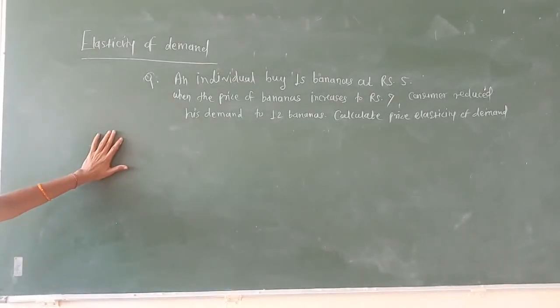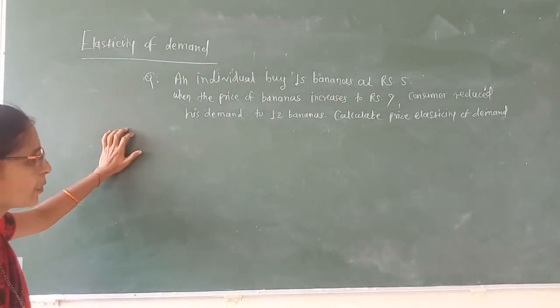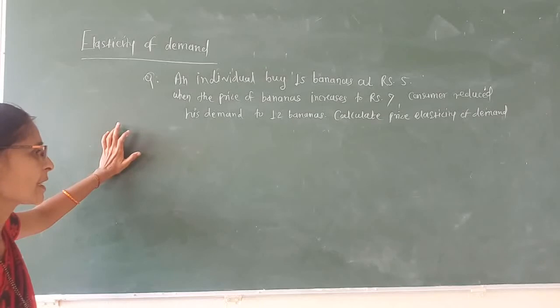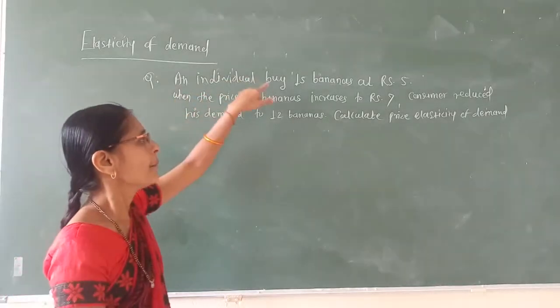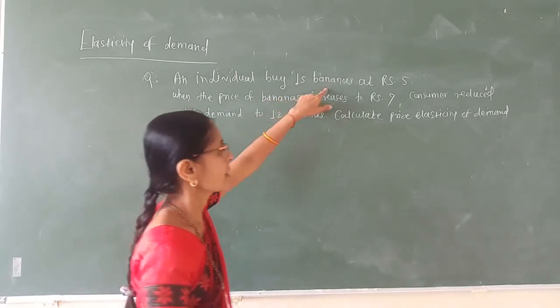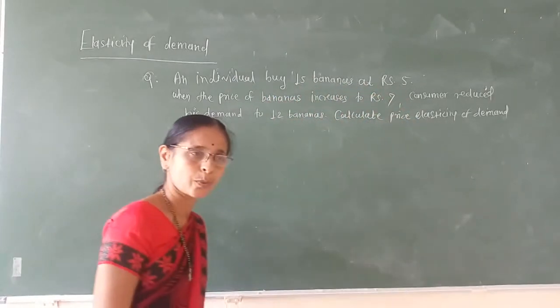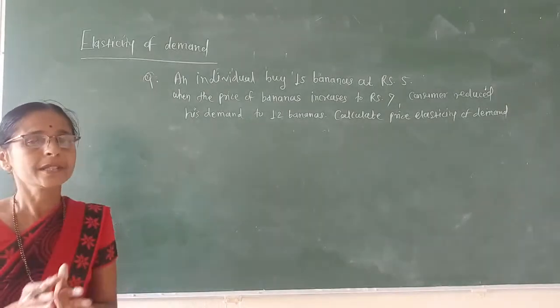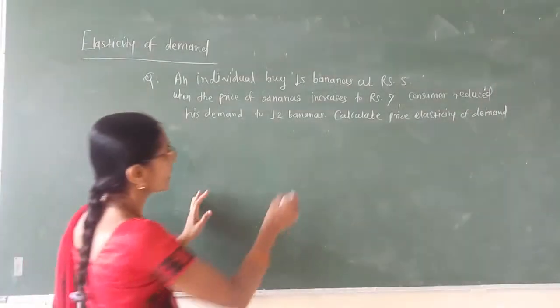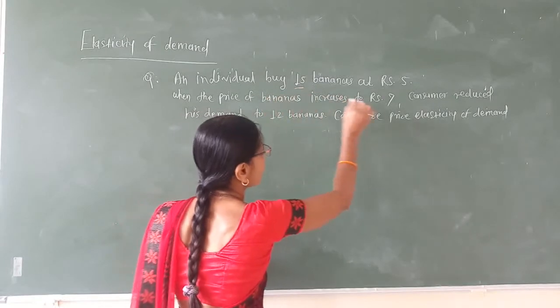See students, suppose an individual buys 15 bananas at ₹5. Means when the price of a banana is ₹5, the consumer buys 15 bananas.